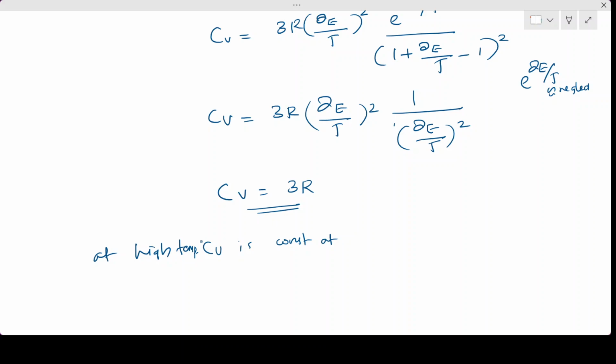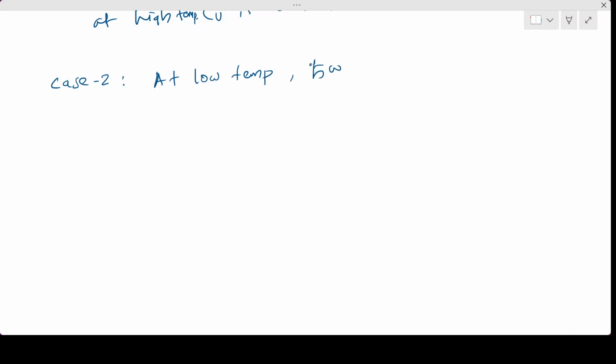Okay, and now we see the other case, case 2, where we consider low temperature. At low temperature, ħω is greater than kT, where kT is the applied temperature, and in that case the Einstein temperature will be greater than the applied temperature.